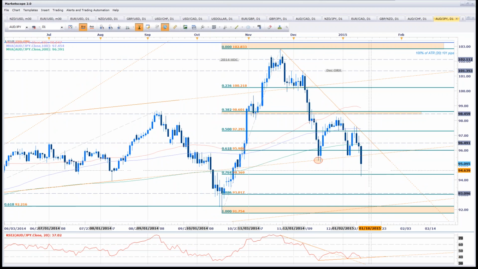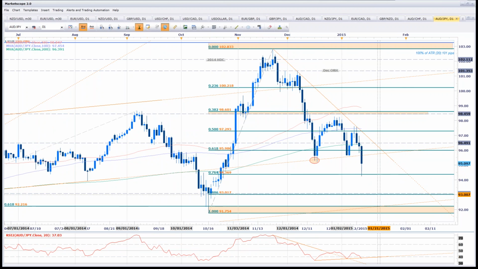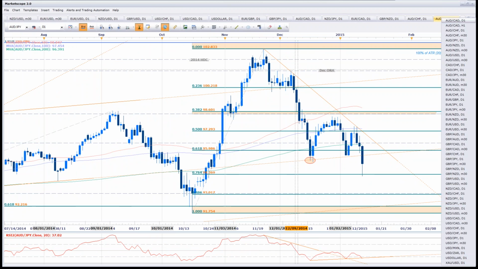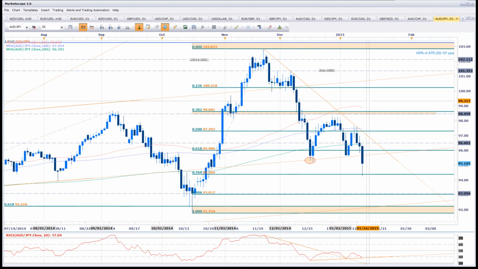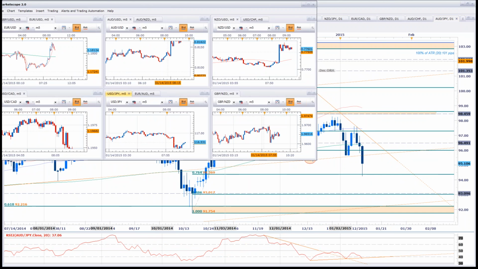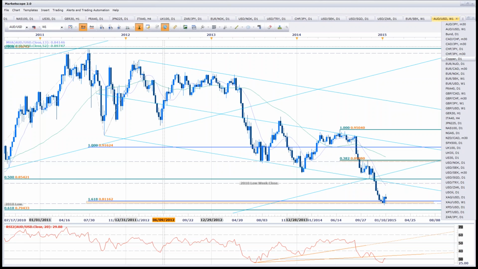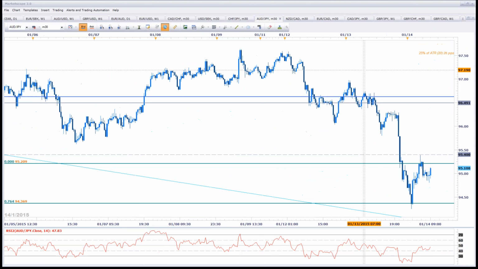I just don't have any way of attacking at this point. You're too far off the lows, like 60 pips off. Let's see what the near-term chart looks like, Aussie yen. Okay, here's your weekly open.